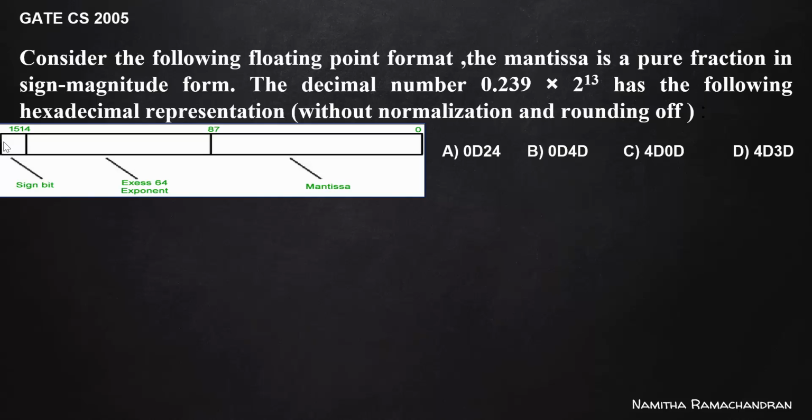First bit, the MSB, single bit, 15th bit is taken as the sign bit. For bits 8 to 14, 7 bits are used for the biased exponent. The bias value is directly given here as 64. And the remaining 8 bits, 0 to 7, are considered as the mantissa.